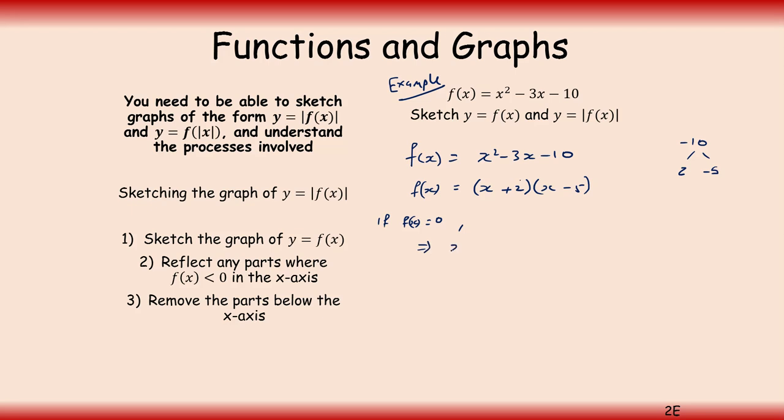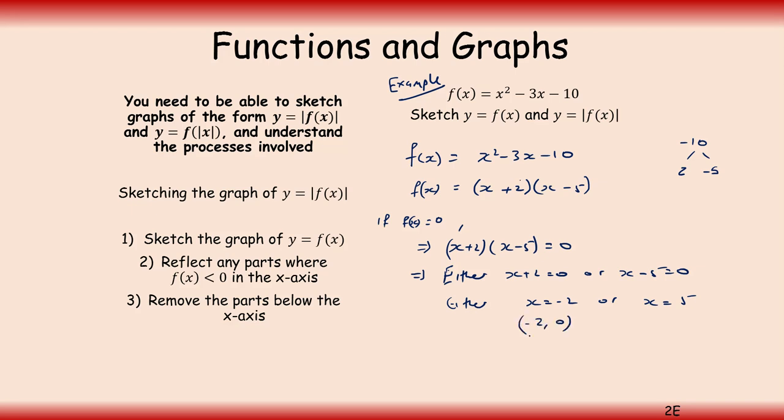That implies then that x plus 2 times x minus 5 is going to be equal to 0, which means that either x plus 2 equals 0 or x minus 5 equals 0, which means that either x equals minus 2 or x equals 5. So that gives us coordinates at minus 2, 0 and 5, 0.